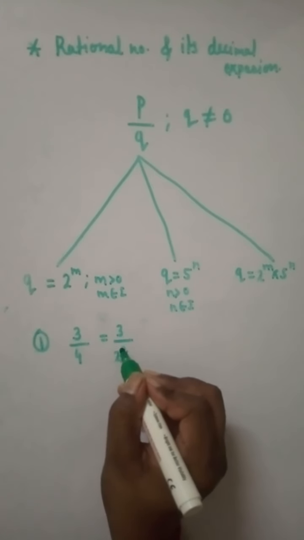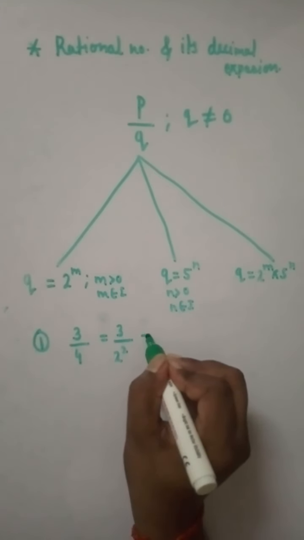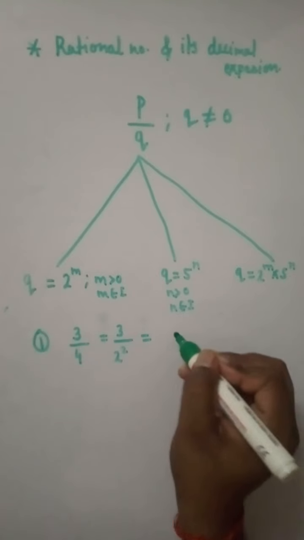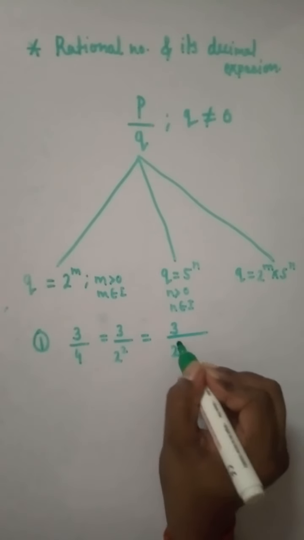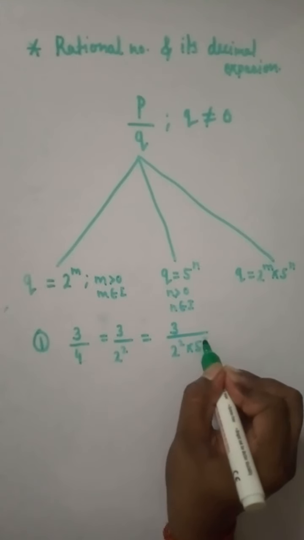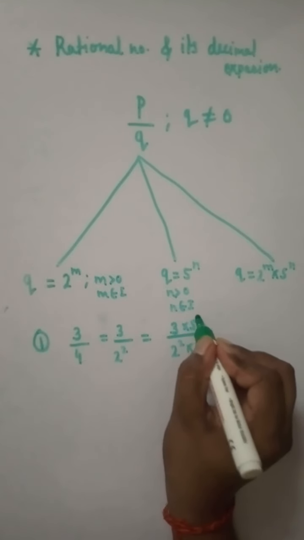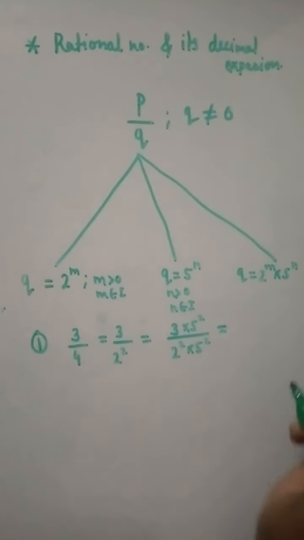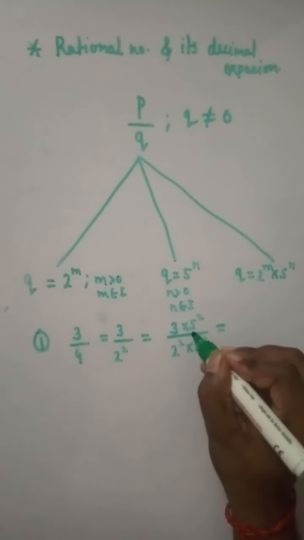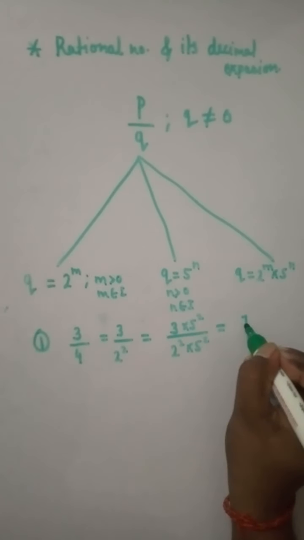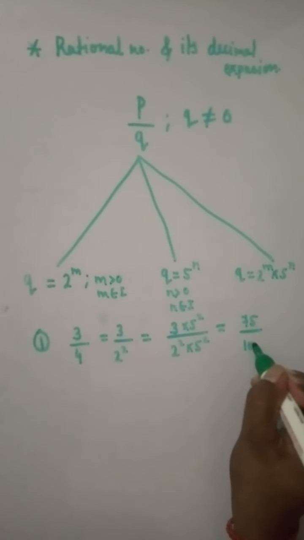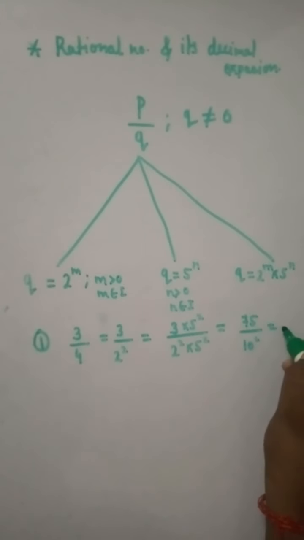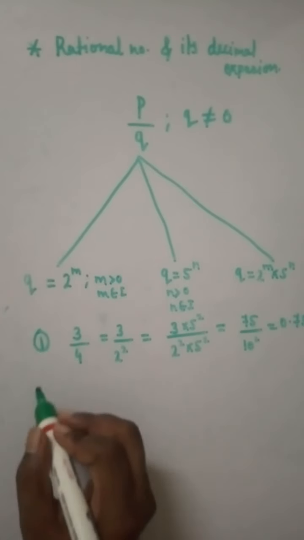I can multiply the numerator and denominator by 5 raised to 2. This becomes 25 3s are 75, and the denominator becomes 10 raised to 2, which means 0.75.